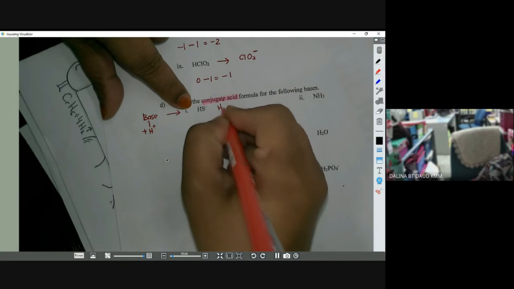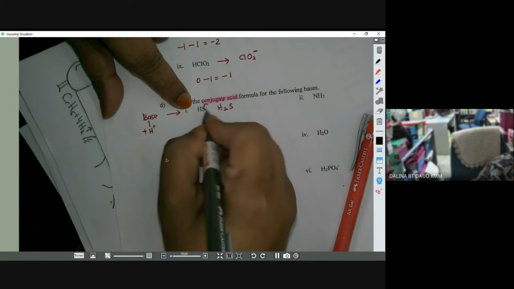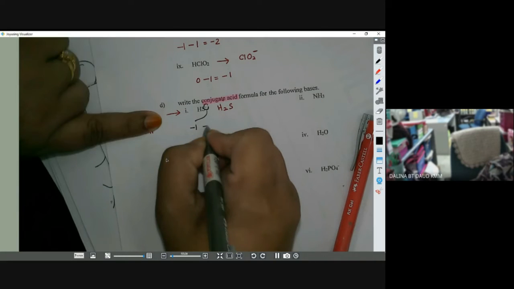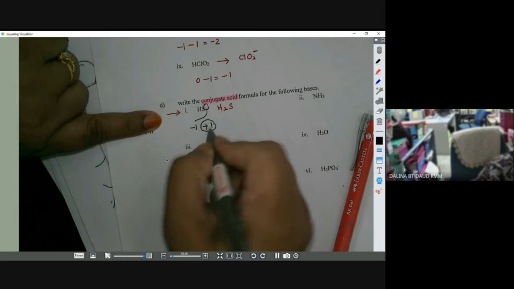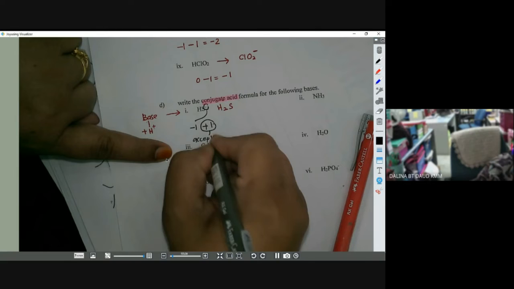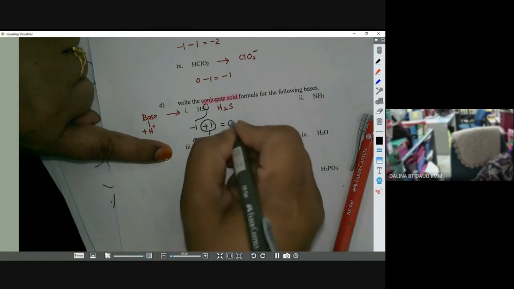H2S. Okay, bila kita nak kira pula formula dia, dia akan dapat negatif 1 plus 1. Plus 1 ni refer to accept H plus. So equal to 0. So the charge is neutral.